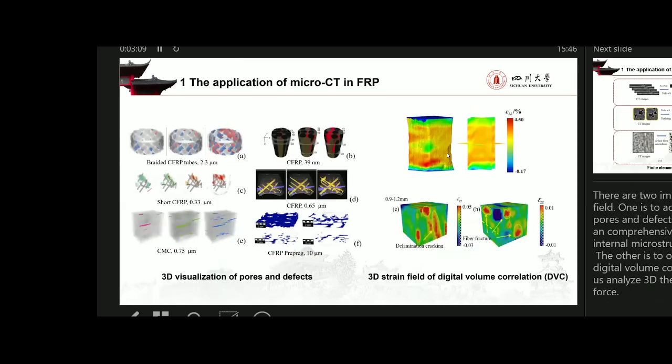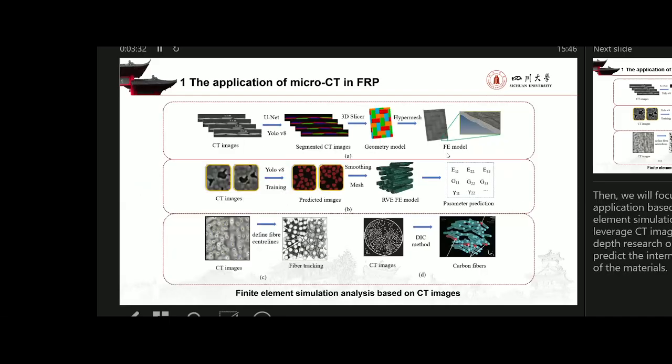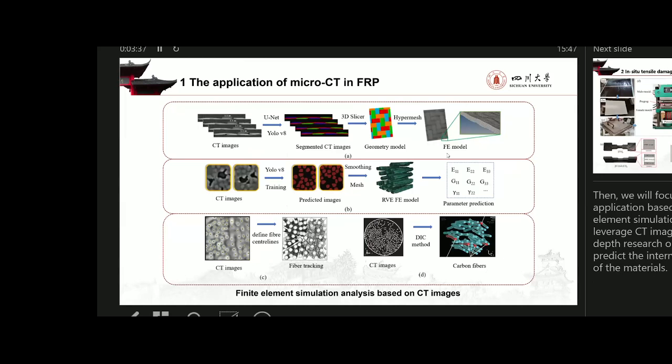In this part we can analyze the 3D visualization of pores and defects, and by digital volume correlation, called DVC, we can analyze the 3D strain field between the layers of the FRP. Then finite element simulation based on the CT images can be established to predict the parameters.